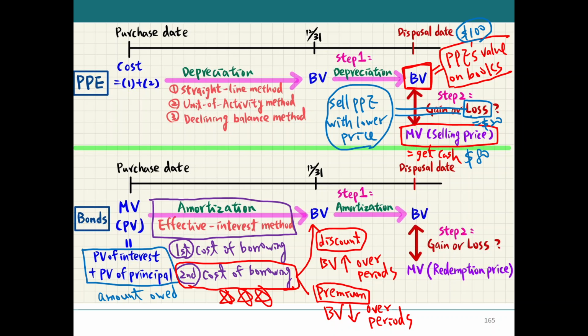So only after you consider second cost of borrowing to get your book value, okay, then you will note your liabilities on your accounting books. After you got the book value, then next you could compare with the market value to know is your gain or your loss, okay? So after that, you will get the book value. So what does it mean, book value? Your liability on accounting books.